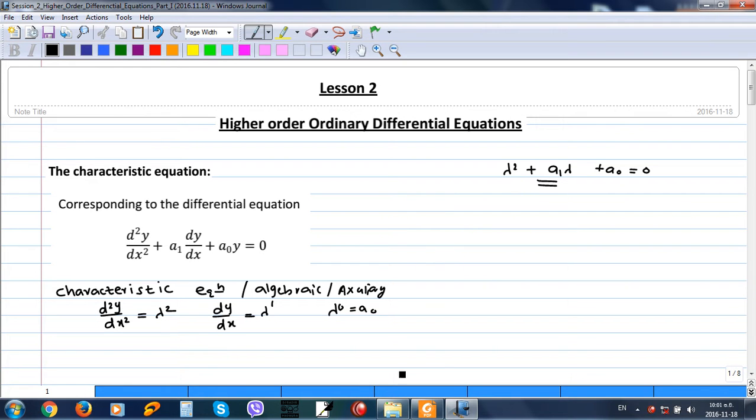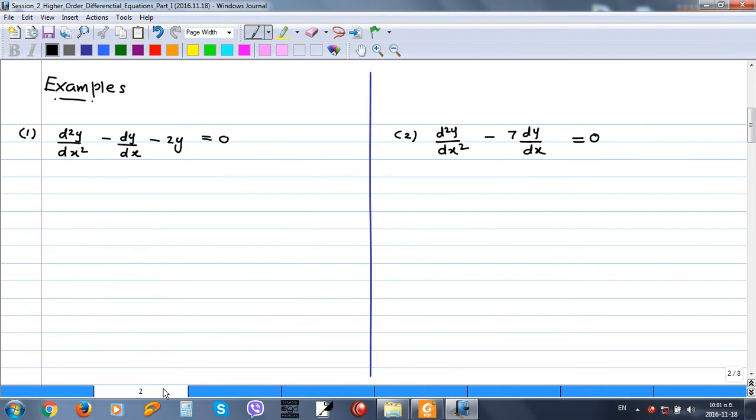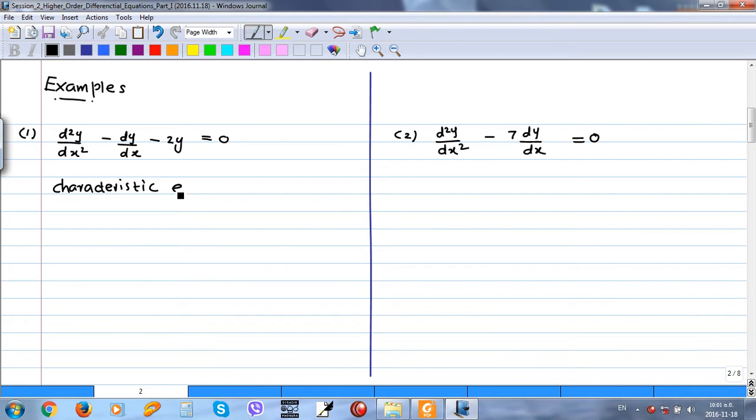So we will consider some examples. Here it is given d squared y over dx squared minus dy by dx minus 2y equals 0. We can write the characteristic equation: lambda squared minus lambda minus 2 equals 0.